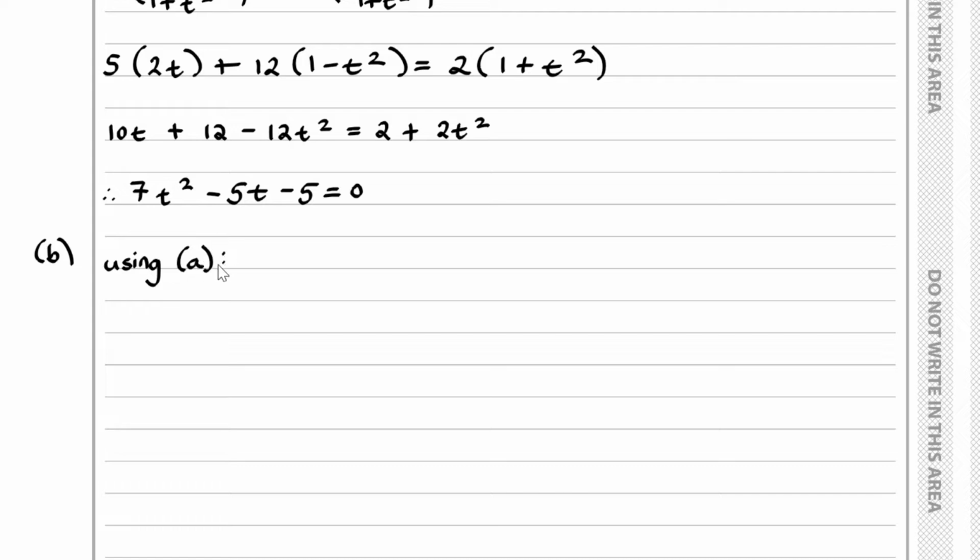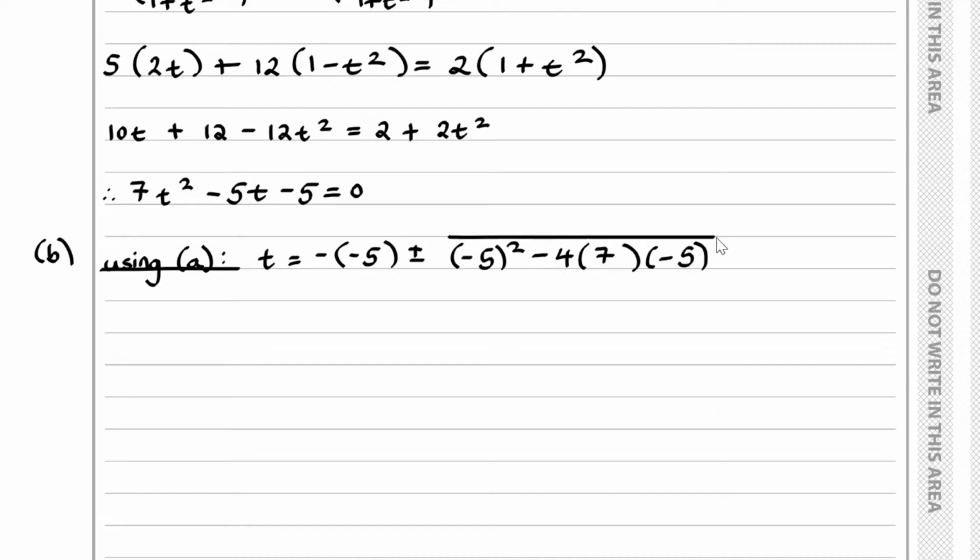if we attempt to solve this quadratic, we have t equals minus minus 5 plus or minus the square root of 5 squared minus 4 lots of 7 lots of minus 5. Of course, this is square rooted, and then we divide the result by 2a. Okay, so we have 2 times by 7.